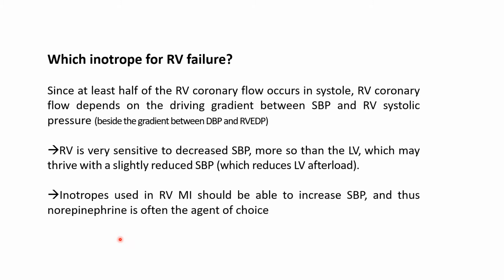But to go back to the right ventricle, this explains why inotropes used in RV MI should be able to increase systolic blood pressure, and therefore norepinephrine is often the agent of choice.